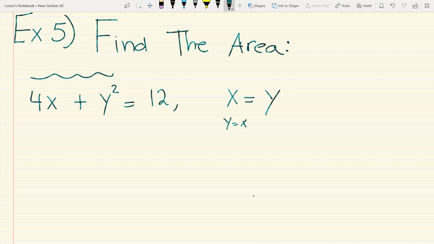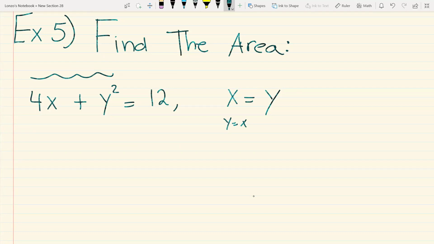Okay, so if we set, oh, I know what we have to do. If we're going to put it in terms of x, we have to solve for y.